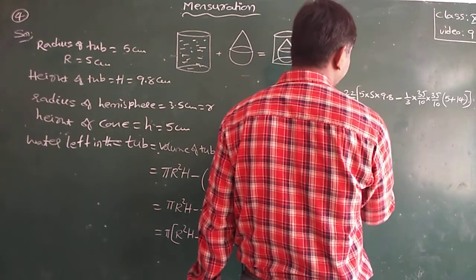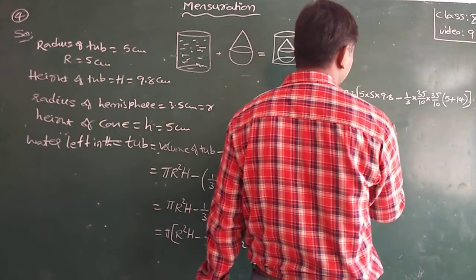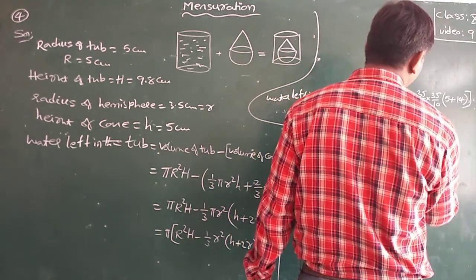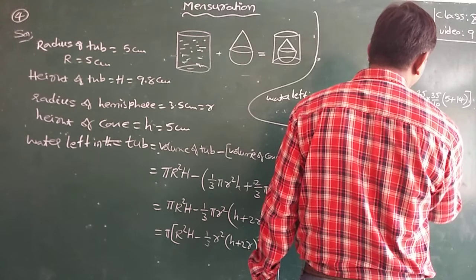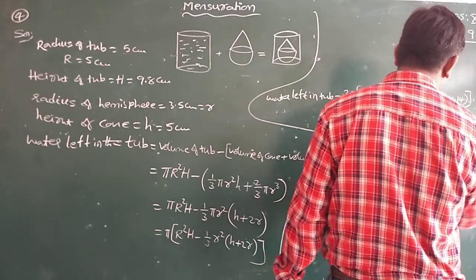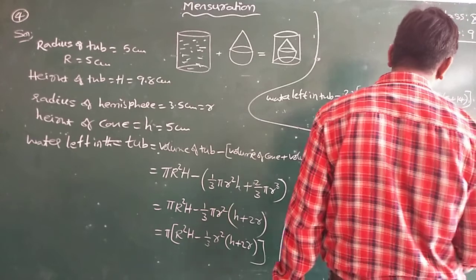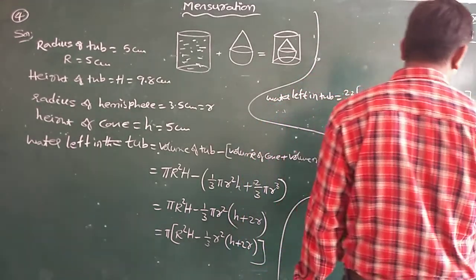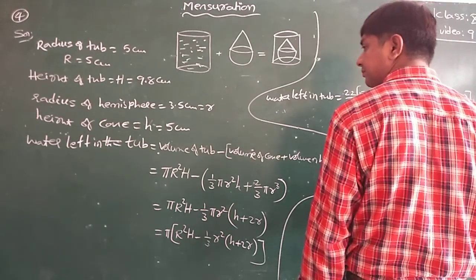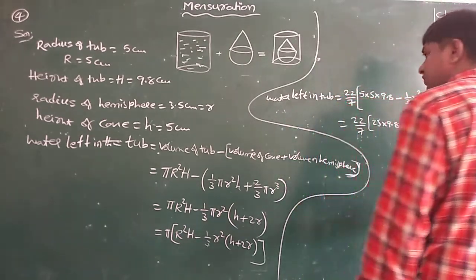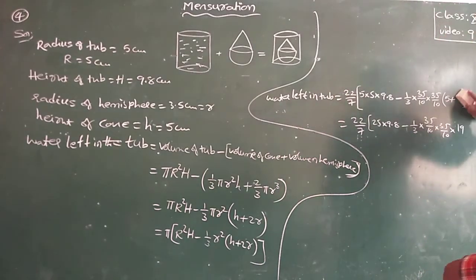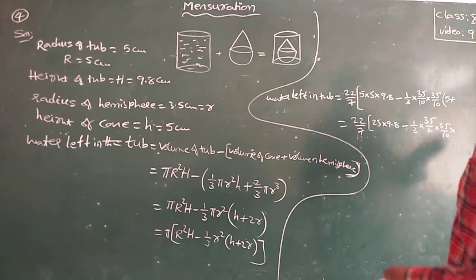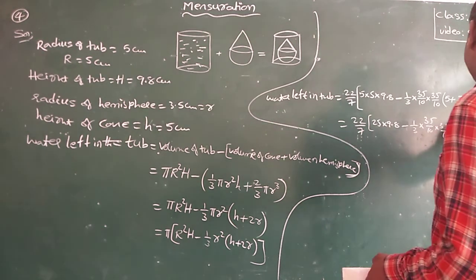That is equal to 22/7 into 25 into 9.8 minus 1/3 into 35/10 into 35/10 into, if I get cancellation, no issue. Sorry, it is 2 times 3.5, which is 7, so 5 plus 7 means 12.